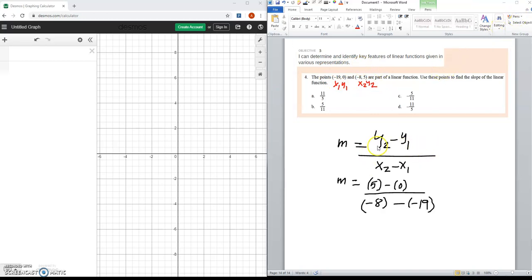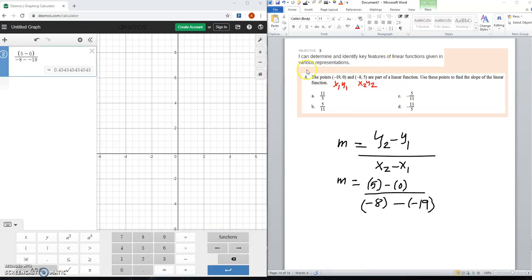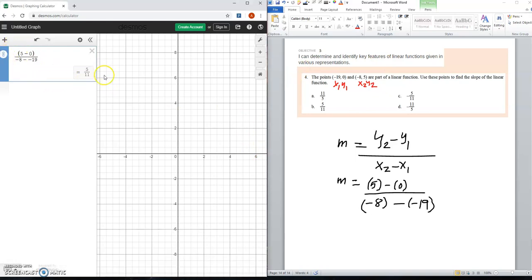Okay, I now substituted my values using parentheses. So 5 minus 0 over -8 minus -19. And at this point, you are going to use Desmos. Okay, so when I used my Desmos, it looked like this. And the answer is in decimal, but if you click on this circle right here, it's going to give you the fraction, which is 5/11.